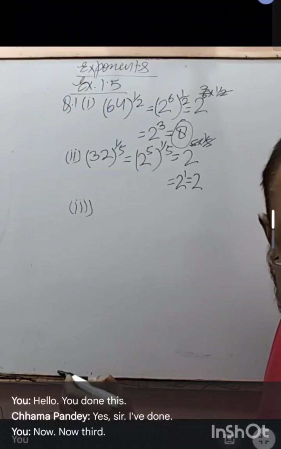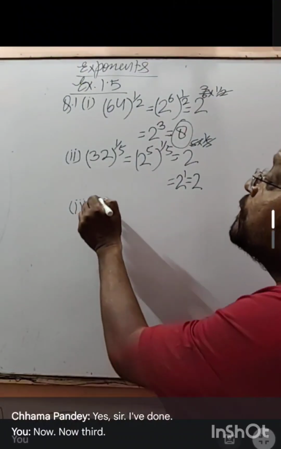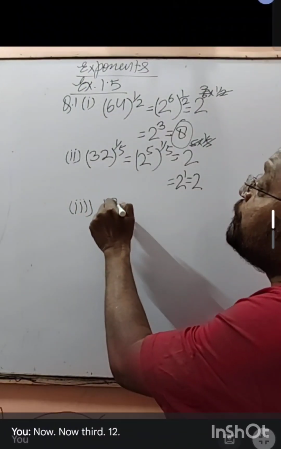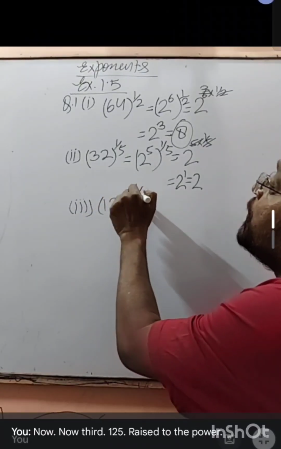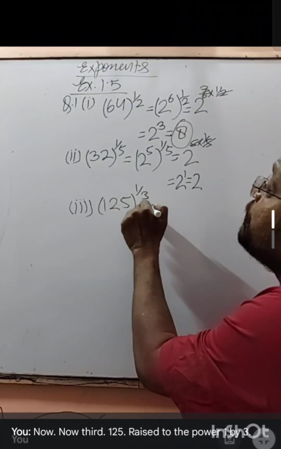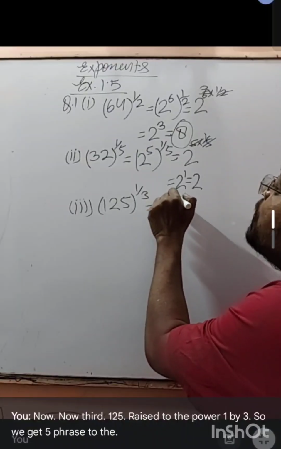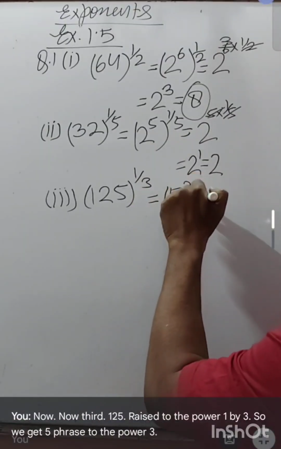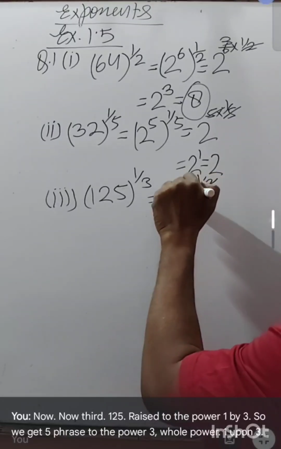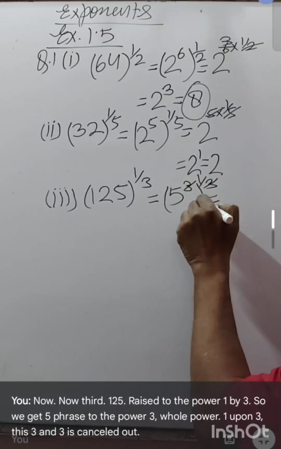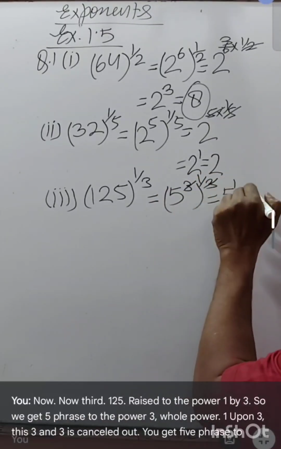Now third: 125 raised to the power 1/3. So we get 5 raised to the power 3 whole power 1/3. This 3 and 3 is cancelled out. You get 5 raised to the power 1.